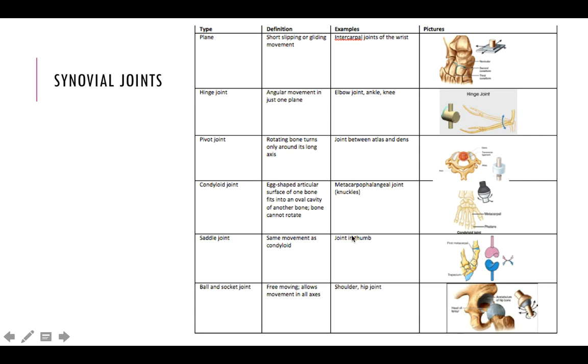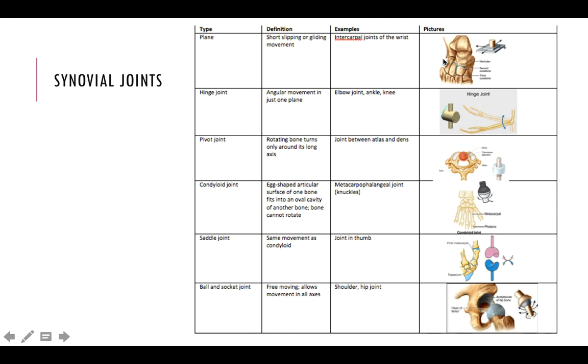You probably learned this in 7th grade, but I'm just going to fly through them one more time for you. The first type of synovial joint is called a plane joint, and they just let bones glide beside each other. There's no rotation and not a whole lot of movement, but there needs to be some kind of movement there. This is going to be like the carpal joints of our wrists.